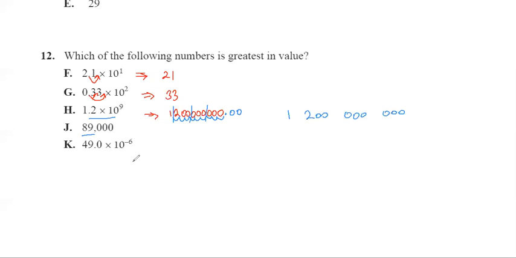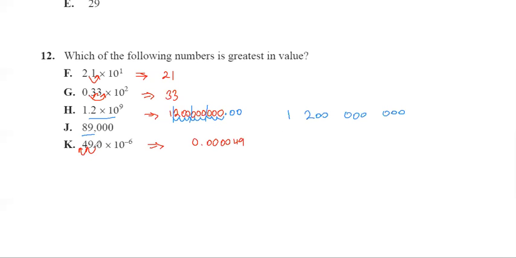But in this question, we are given the -6 power, which is going to give you, you just need to make this number smaller because we have the negative exponent. So you move the decimal point to the left by 6 units. So that tells me 0.000049.